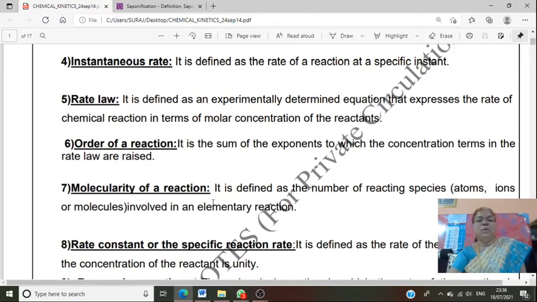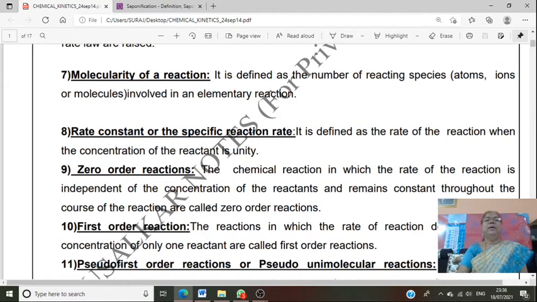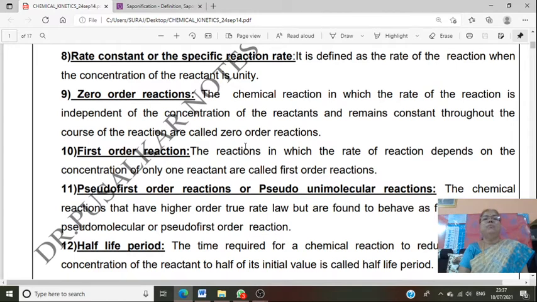Then the rate constant or specific reaction rate is defined as the rate of reaction when concentration of the reactant is unity. Then the zero order reaction is the chemical reaction in which rate of reaction is independent of concentration of reactants and remains constant throughout the course of the reaction.